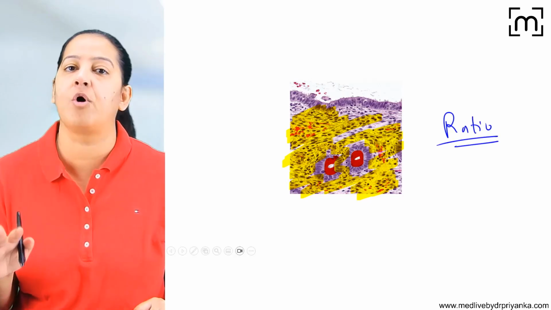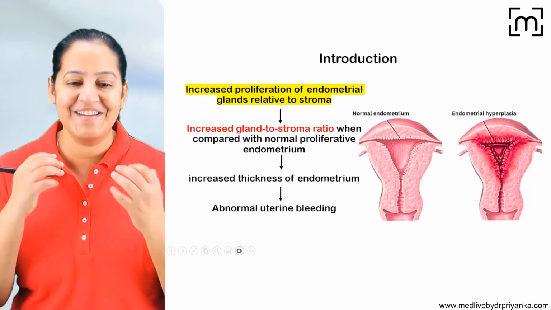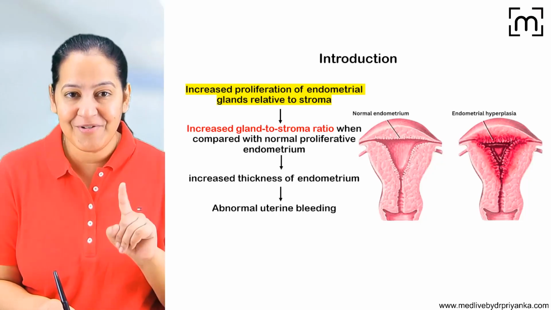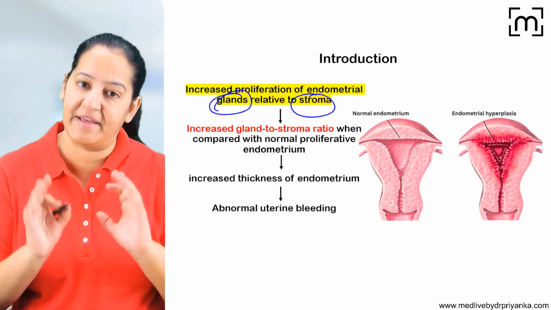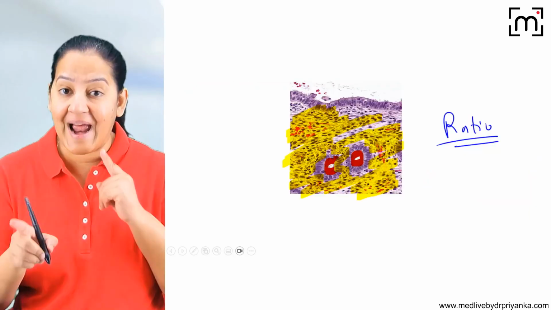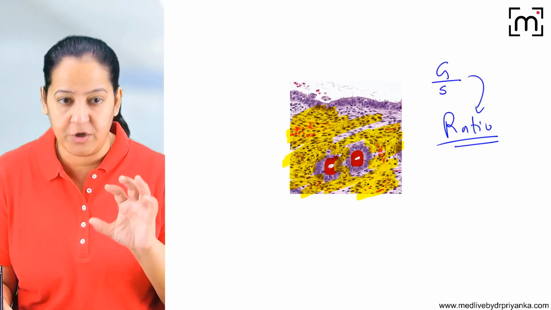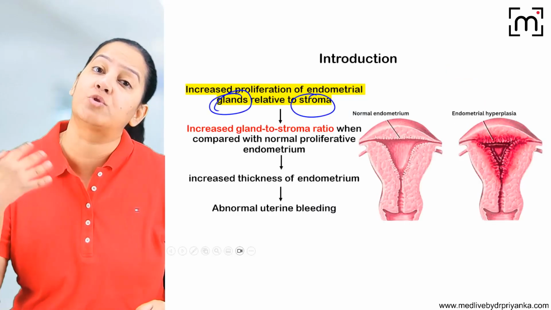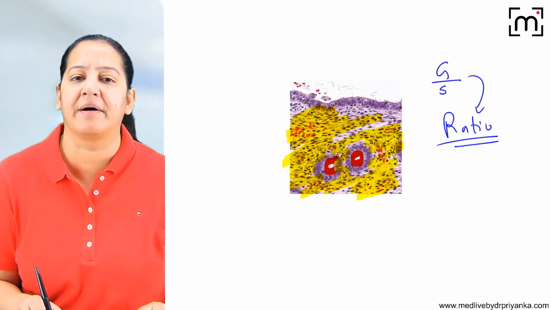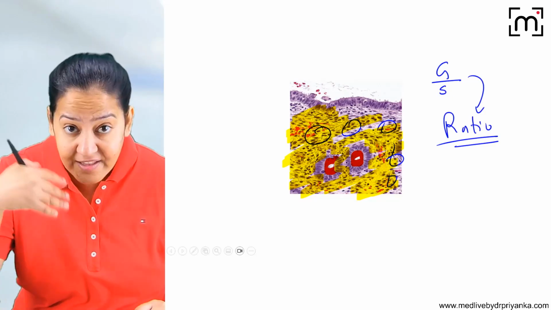With this understanding, let's start the topic endometrial hyperplasia. What is endometrial hyperplasia? Endometrial hyperplasia is increased proliferation of glands relative to the stroma in the endometrium. I told you the gland to stroma ratio is very peculiar. Now here the glands will increase in number, but the stroma is not increasing in that proportion.